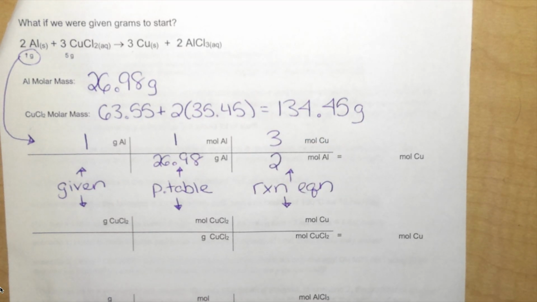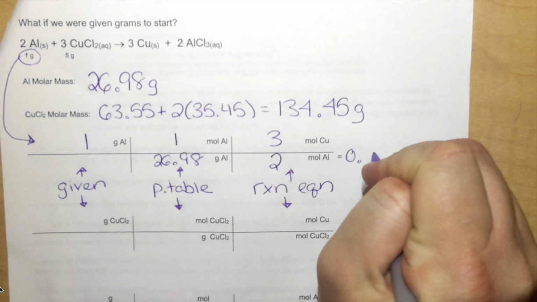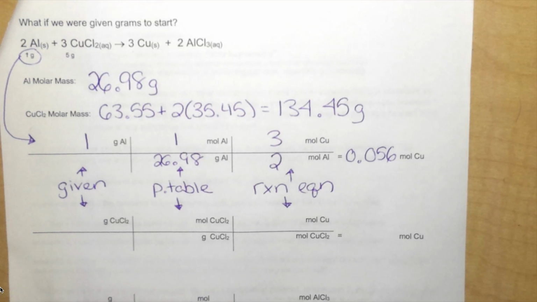Again, you multiply any numbers on top and you divide by any numbers on the bottom. So I get 0.056 moles of copper. So if aluminum was my limiting reagent, that is how much copper I could make.